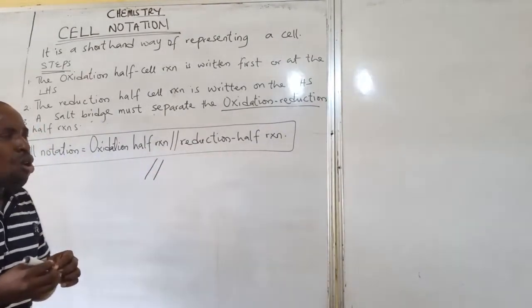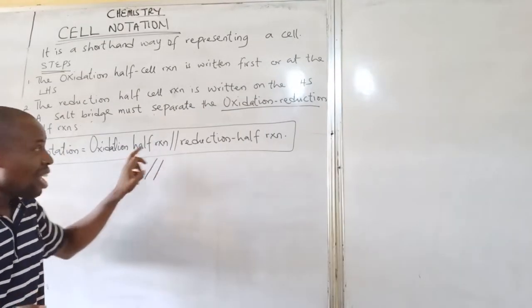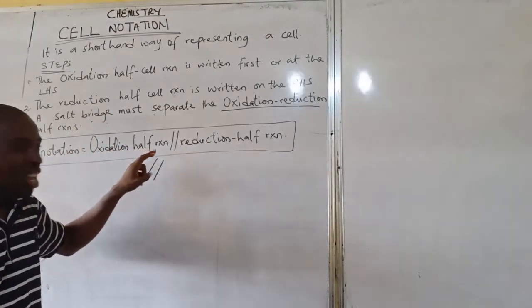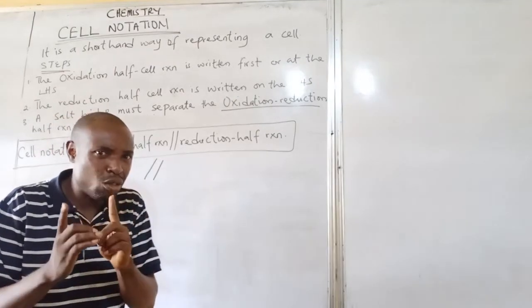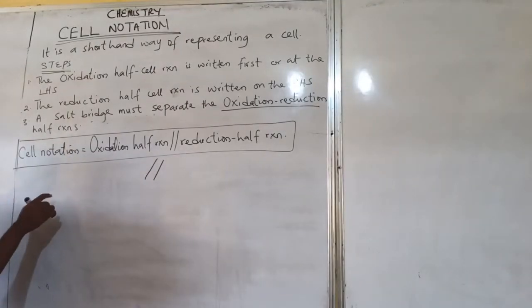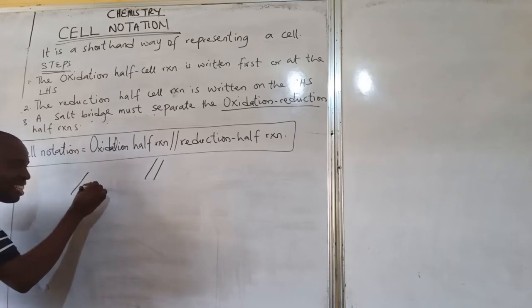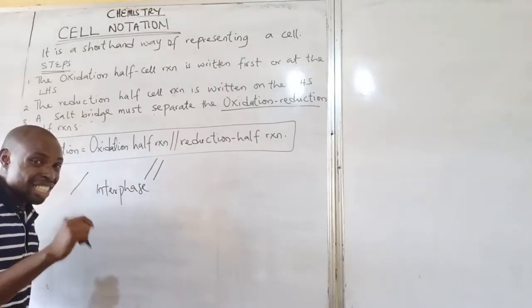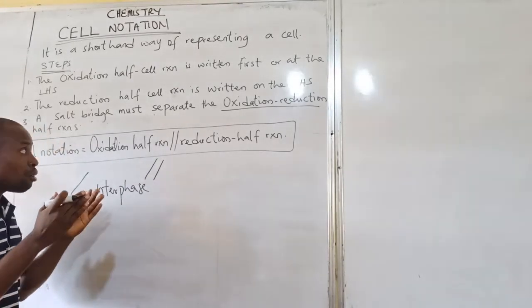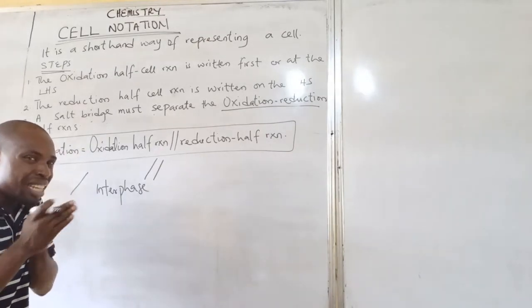At the same time too, we will now understand how the species are connected. Take note, sometimes when you see where they use just a single slash, it represents an interface, especially when the components of the oxidation half reaction are not of the same state.